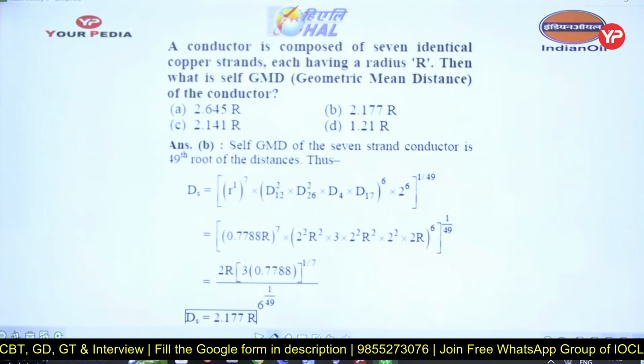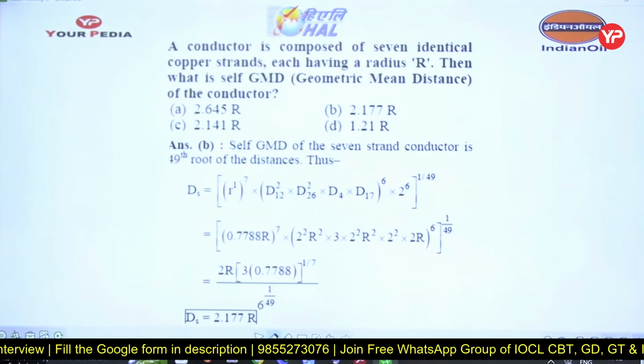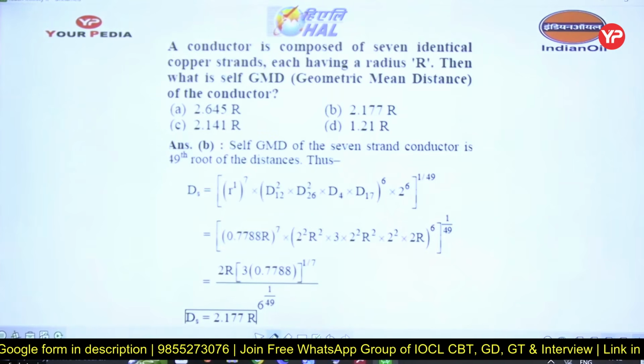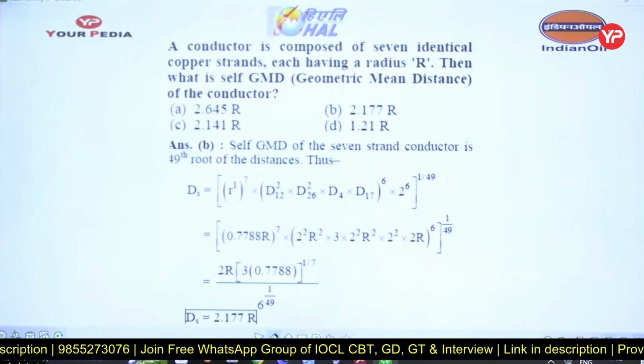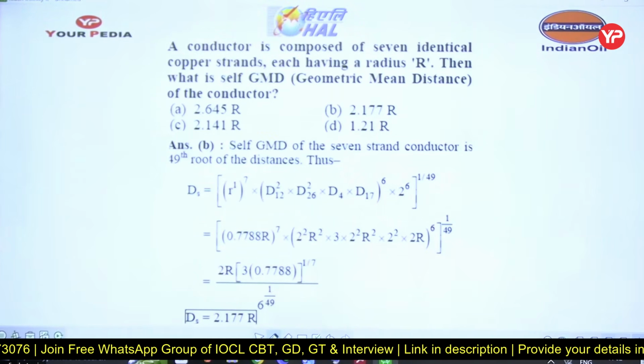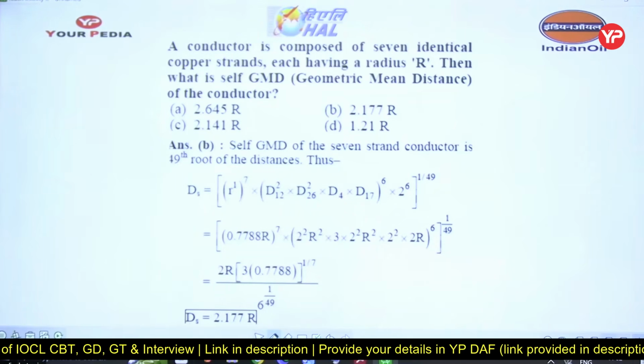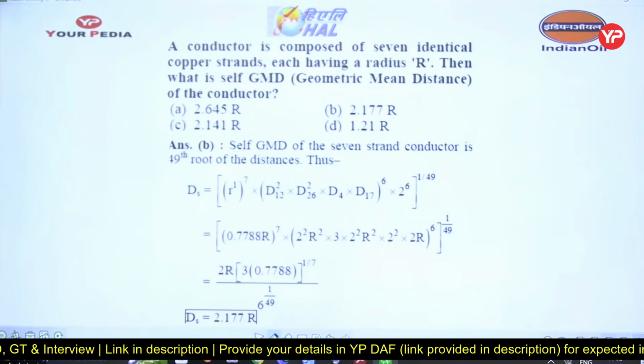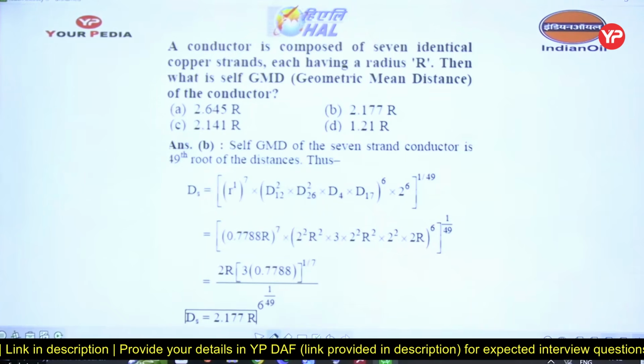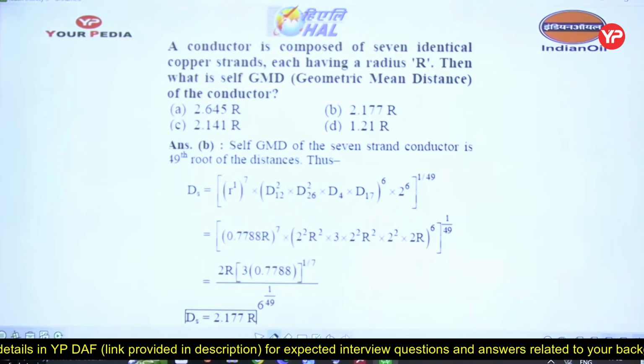What is it asking? A conductor is composed of 7 identical copper strands, each having radius r. 7 strands means 2 layers. First layer is 1 strand, second layer is 6 strands. 1, 6, 12, like that. Then what is a self GMD? Self GMD stands for GMR only.